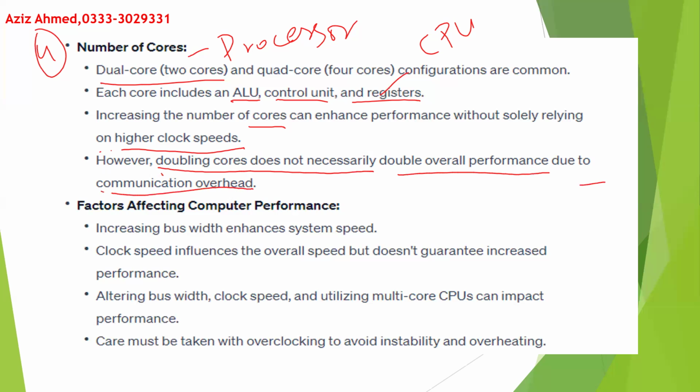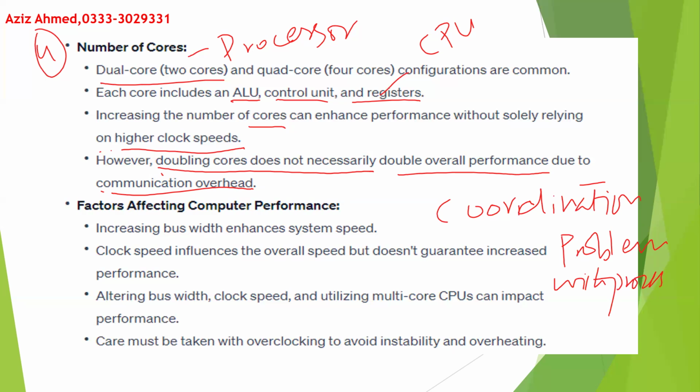But it says, however, doubling cores does not necessarily double overall performance due to communication overhead. So this is another drawback of number of cores. When you have more processors, a task can be divided among the processors, and although it can process faster, there is a communication and coordination problem with processors.